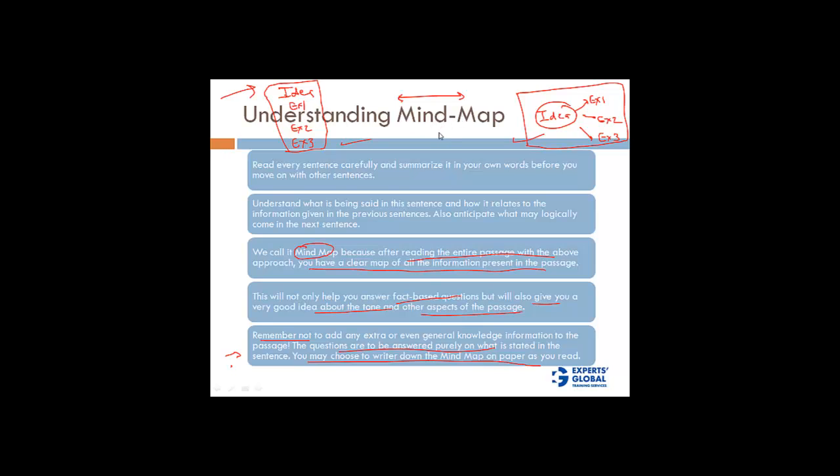But the idea is that it has to act as a summary of the paragraph and show what information lies where. Then we look at the question and figure out where to dig further, because the mind map is not going to give you answers to all the questions. There may be some very detailed factual questions, the information for which may not be present in the mind map, but the mind map will tell you where to look.